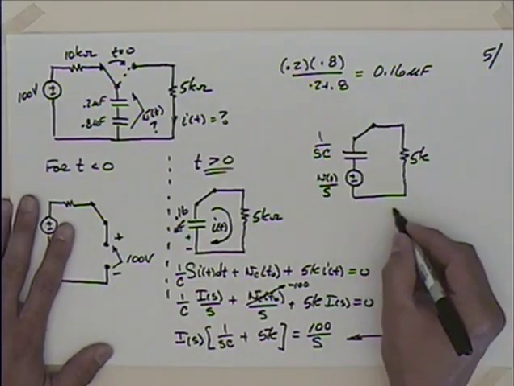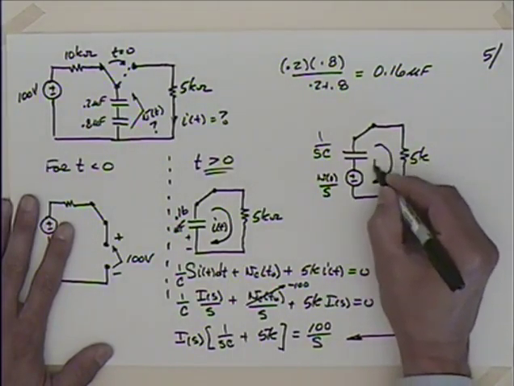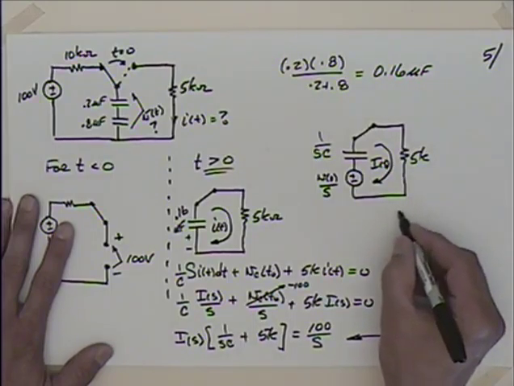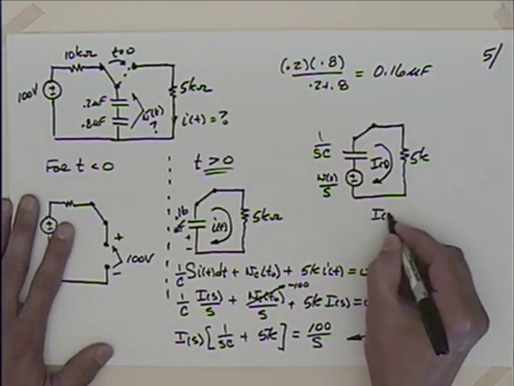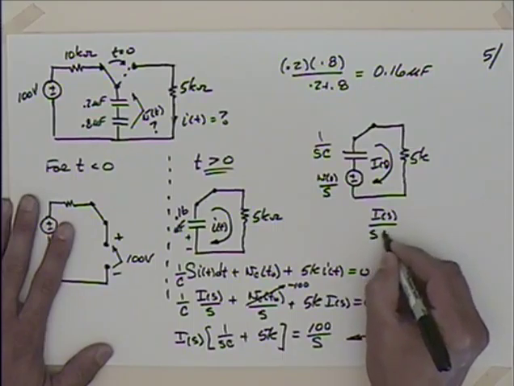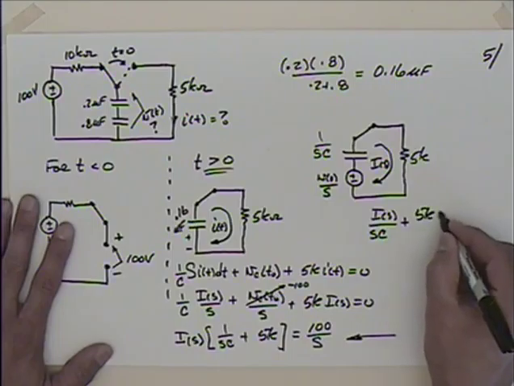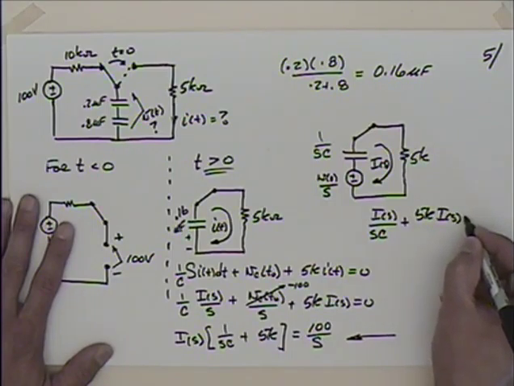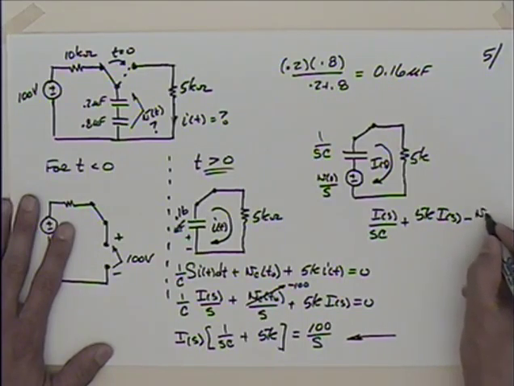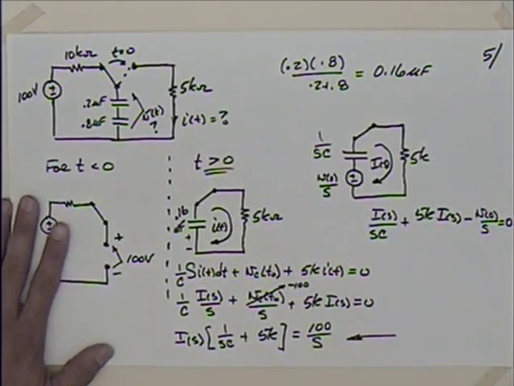So I could say then, doing Kirchhoff's law on this, and now we've got I in the S domain coming around here, we're going to have I in the S domain divided by SC plus 5K times I in the S domain, and then this would be a gain, so I would express it as a negative because I'm taking drops as positive, so I'd have negative V naught over S is equal to 0.